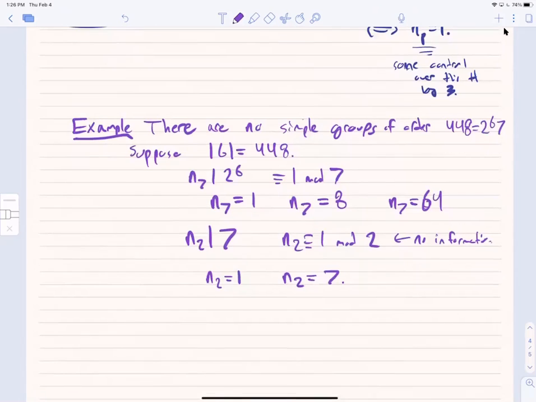Okay, so if n2 equals 1, then the Sylow 2 subgroup is normal. That's exactly it: n2 equals 1 means there's a unique Sylow 2 subgroup. Any conjugate of a Sylow 2 subgroup is a Sylow 2 subgroup, so any conjugate has to be this single one, and so it's normal.